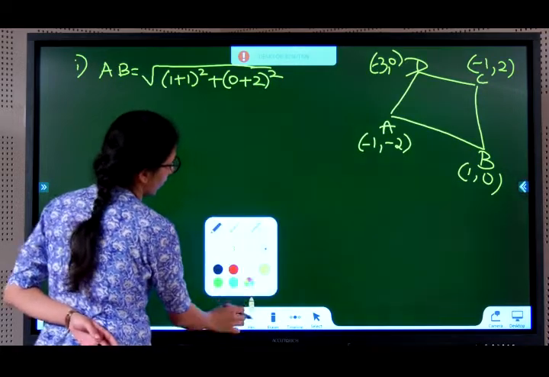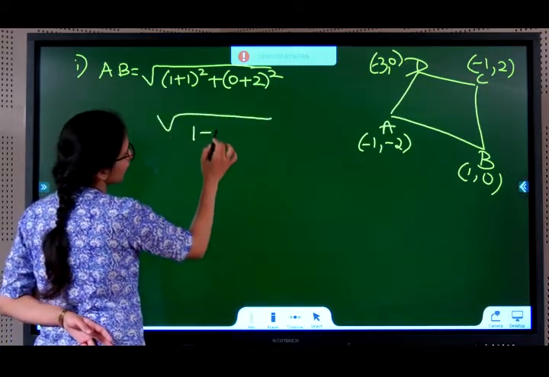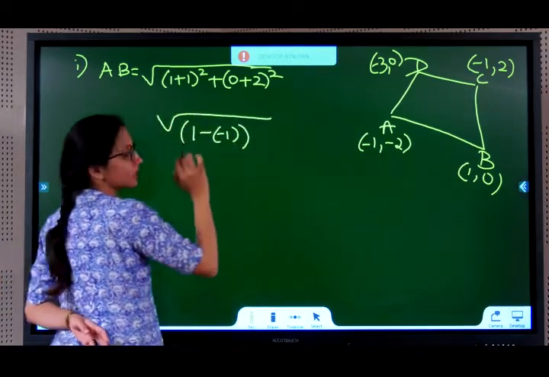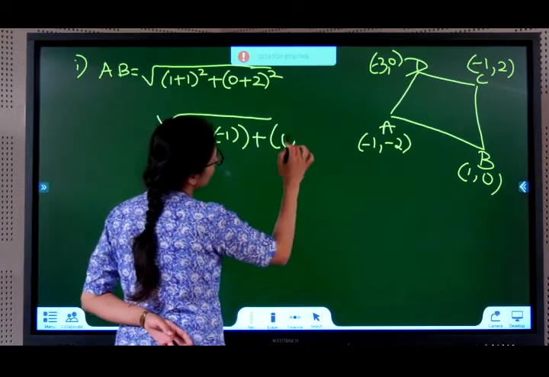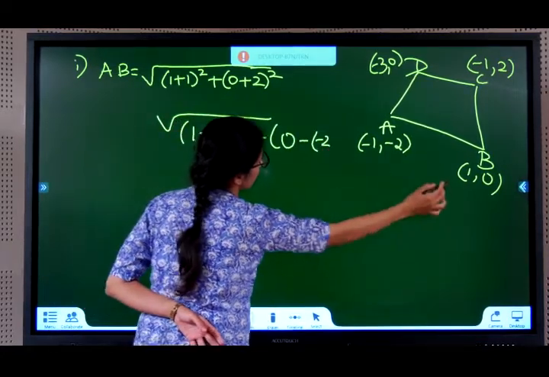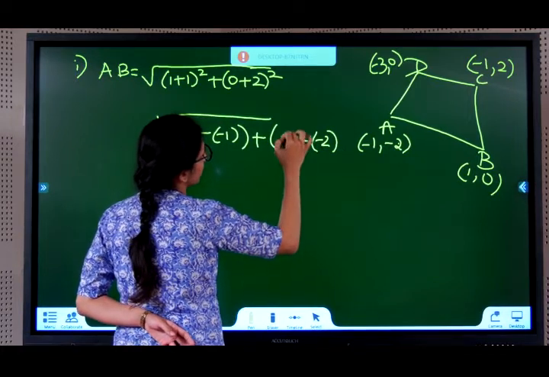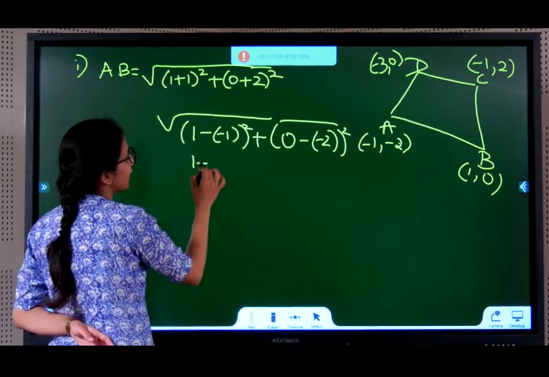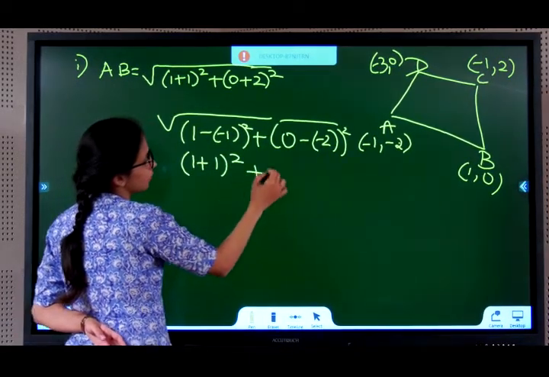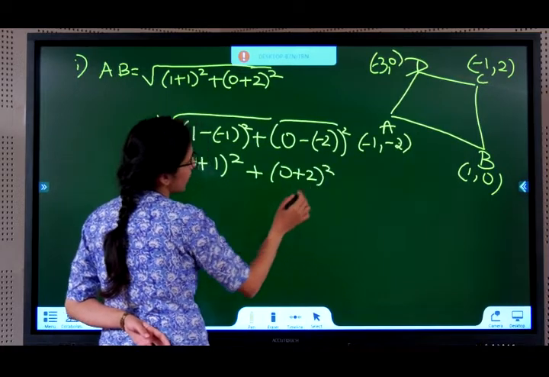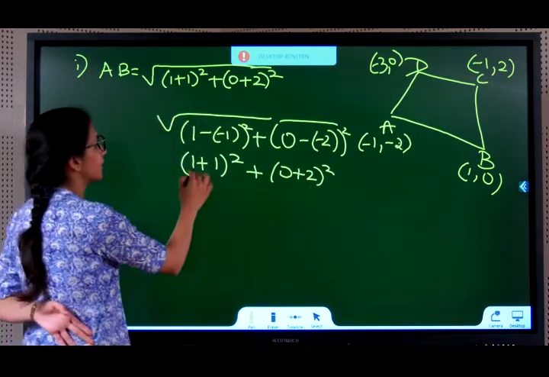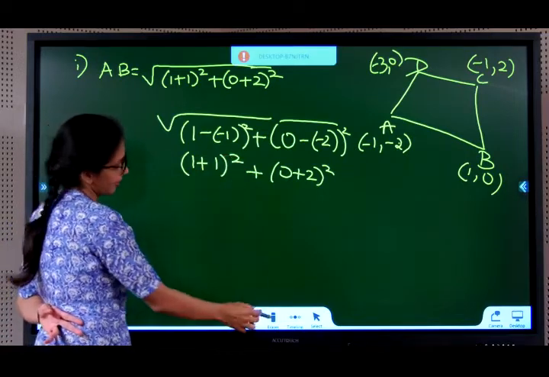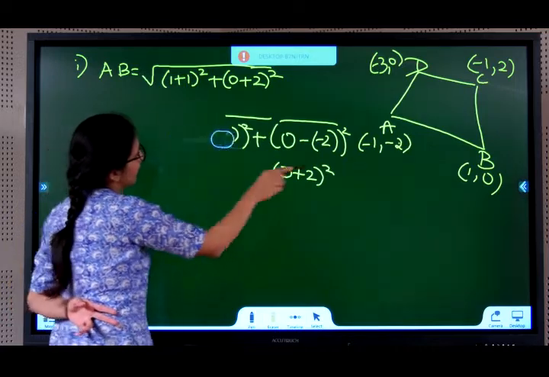I will show once how I did this. 1 minus of minus 1, x2 minus x1, x1 itself is minus 1, y2 minus y1. So, what did I do? I wrote it as 1 plus 1 the whole square plus 0 plus 2 the whole square. From now on, I will be doing it directly. You all should understand why and how that happened. Okay? I hope it's clear.